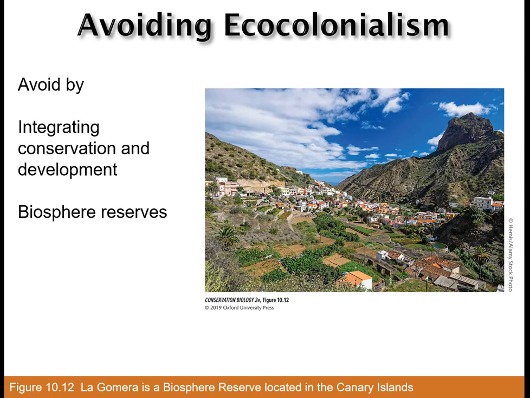We also have to work towards integrating conservation and development. What that means is that we allow for more types of traditional agriculture and more ability for the local and indigenous populations to benefit financially from developing the resources in the lands that they manage and traditionally used, whether that's through logging or fishing or other types of extraction, and working with those folks, of course, to make sure it's sustainable.